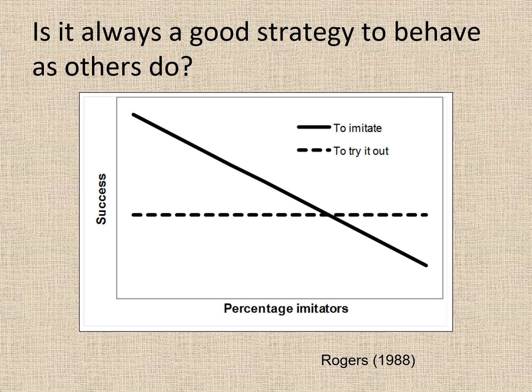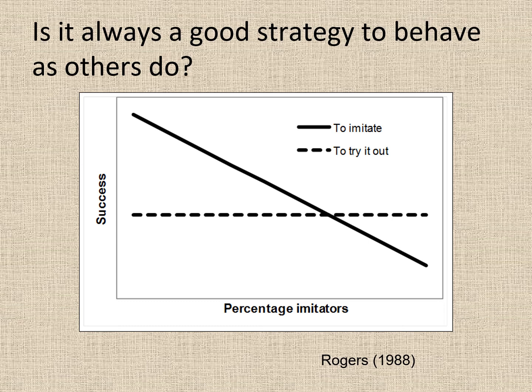And how successful, how rational are these? How well functioning are these two main strategies? Well, according to Rogers, that depends on what strategy the others are following. Because the others might have come to this conclusion, they made a choice based on individual learning. They tried the different alternatives and picked the best one. Or the others might also be following social learning. They do what they do because everybody else is doing that.